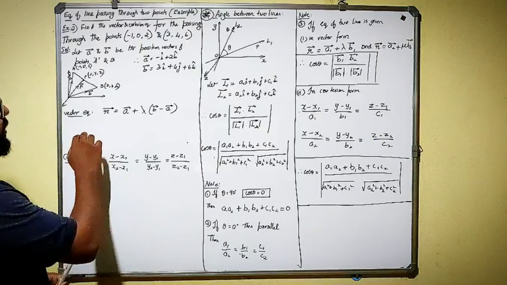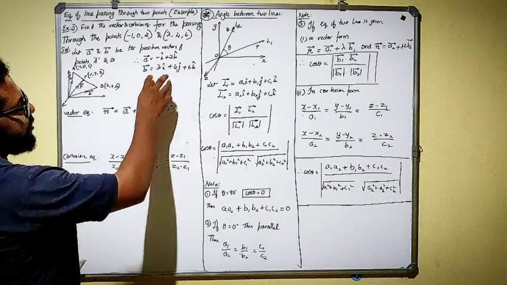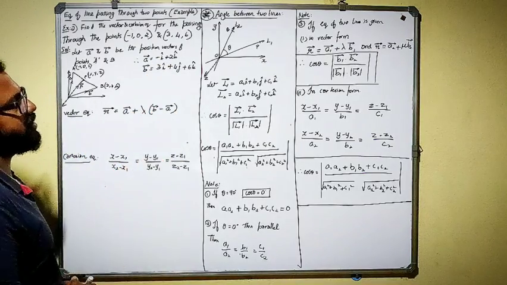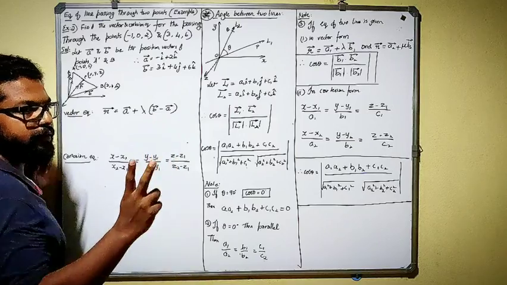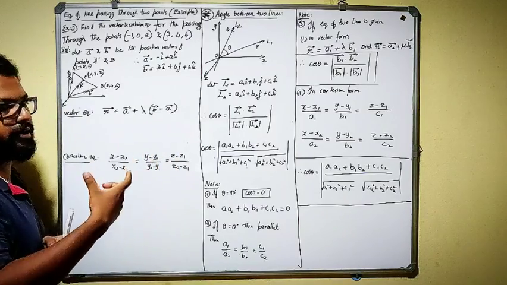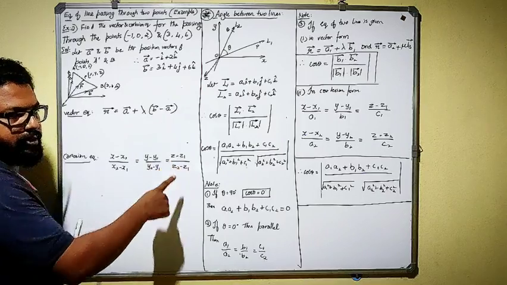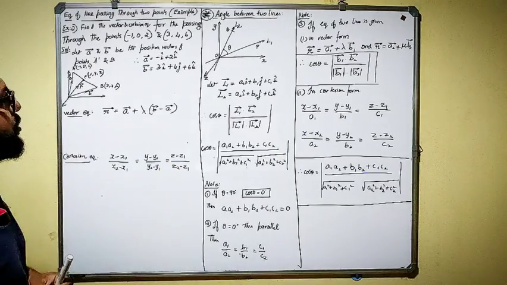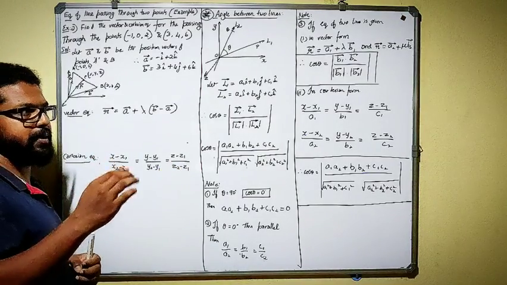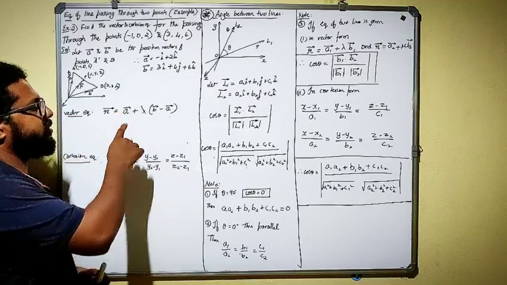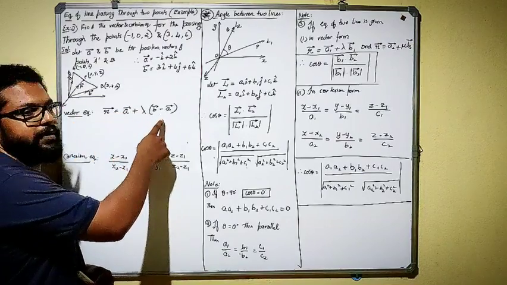To find the vector equation, I will substitute A vector and B vector. The 2-point vector form is A vector plus lambda into (B minus A) vector. In the previous video, when the line was parallel to another vector, it was simply A vector plus lambda into B vector.